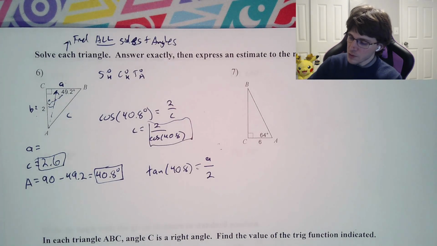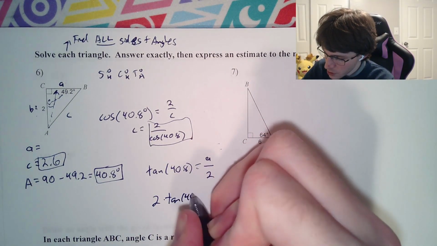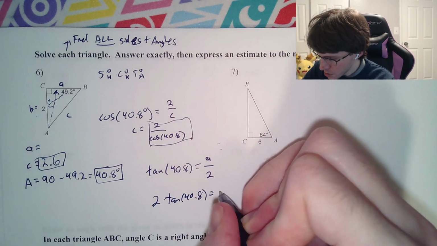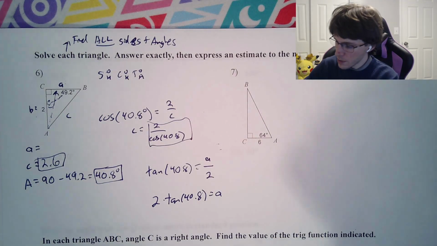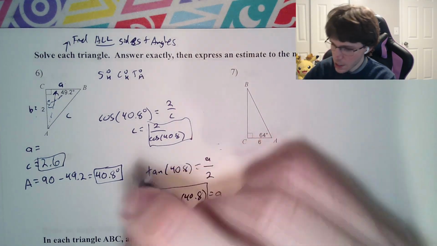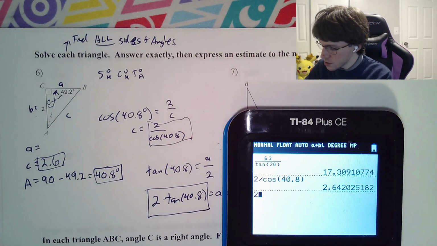We're just going to throw that 2 up there: 2 times the tangent of 40.8. That was the reason I chose tangent, so I could show that times 2. And this is our exact answer.